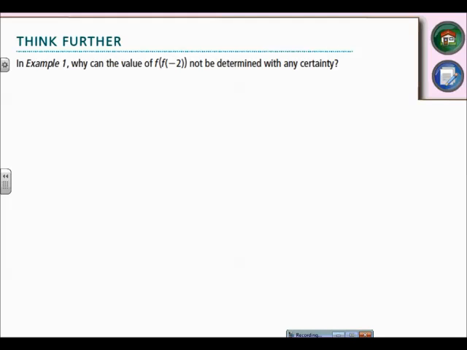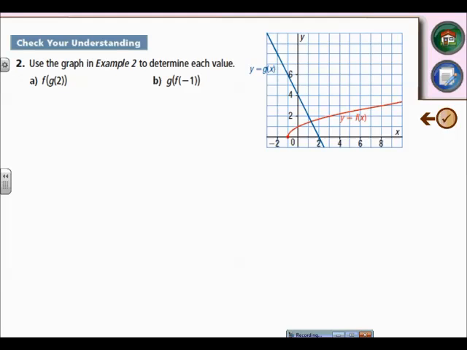Why couldn't we find what f of f at negative 2 is equal to? Why don't you try that one out? Come up with a reason why this won't work for us on this occasion. Make sure that you have done the thinking on that. It is extremely important that you make that connection yourself.